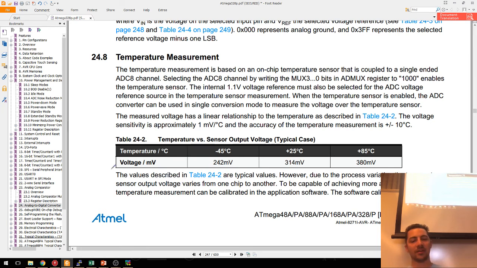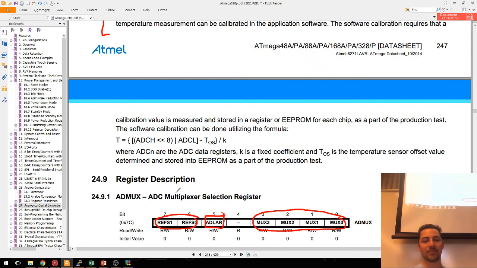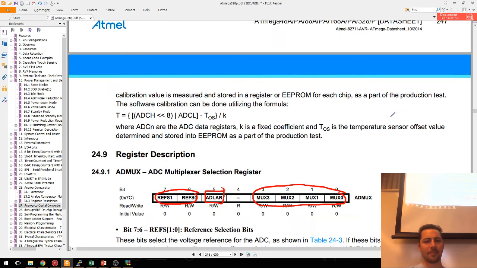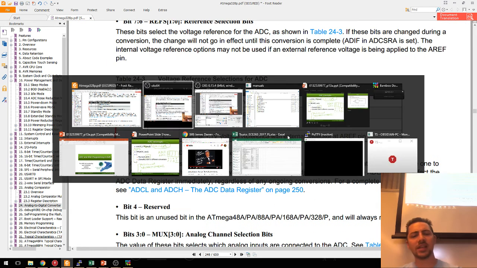It says here that if you wanted to, you could calibrate that and get better accuracy, but out of the box, it's plus or minus 10 degrees C. I do enjoy that. So there it is. That is the ADC in a nutshell.